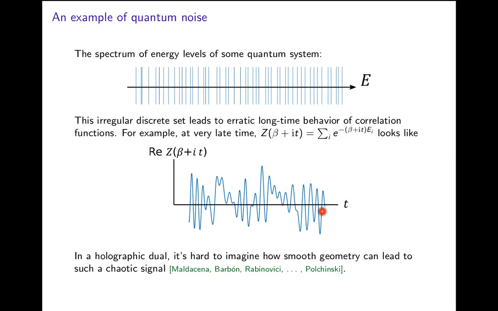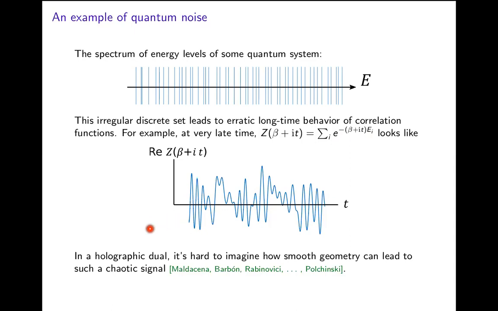This is what I mean by quantum noise. It's erratic fluctuations that you get from these random phases, random numbers that come from the underlying discrete set of energy levels and other discrete data in the quantum system. So it's some kind of irreducible, small oscillating noise.